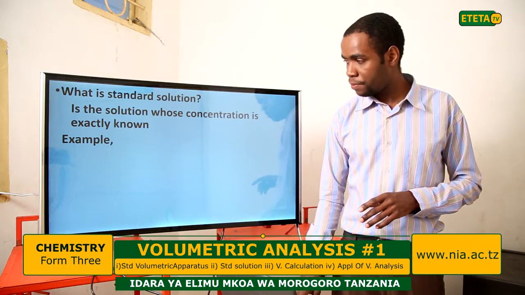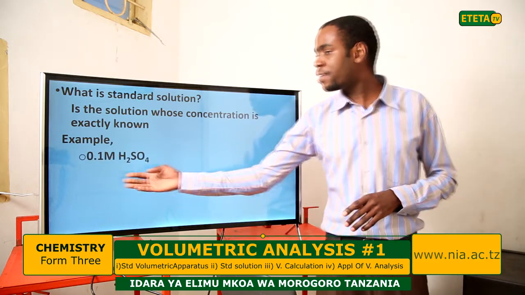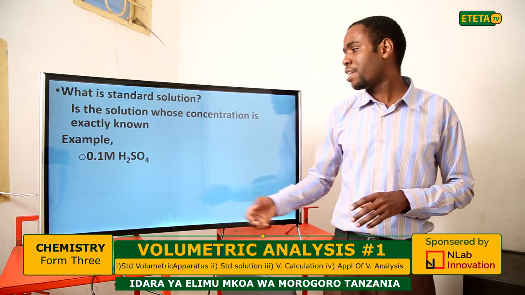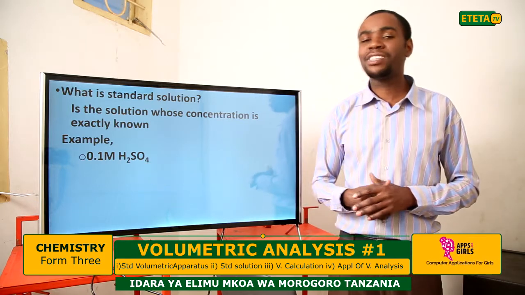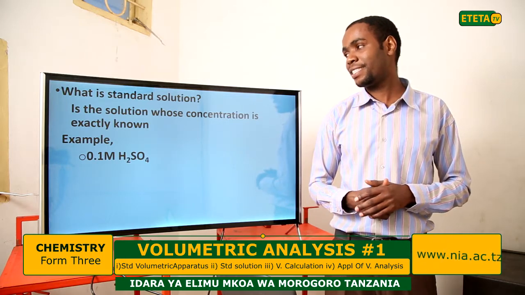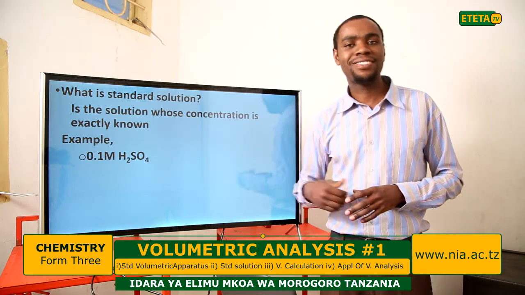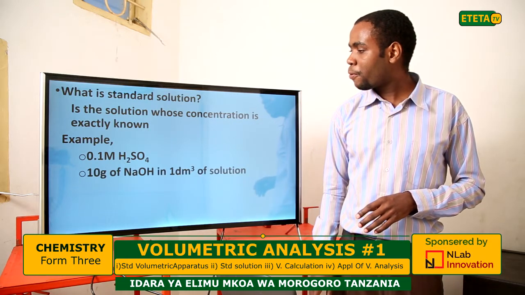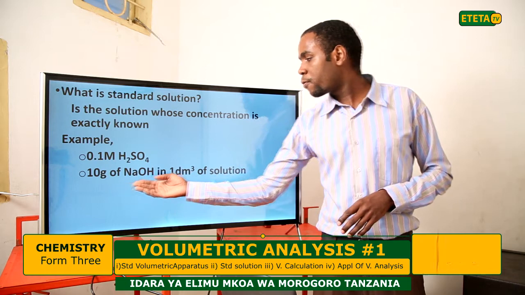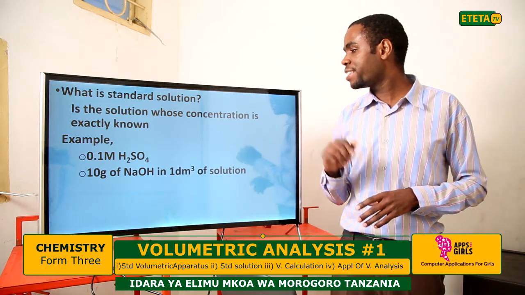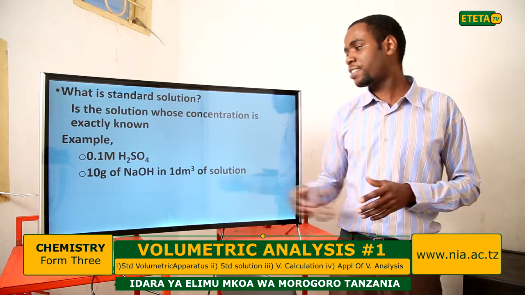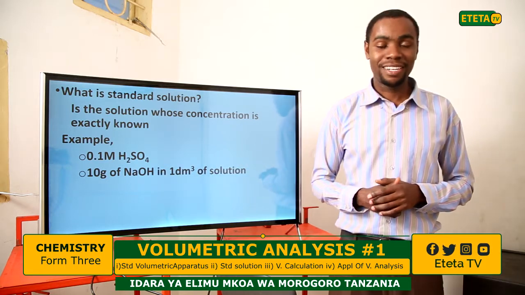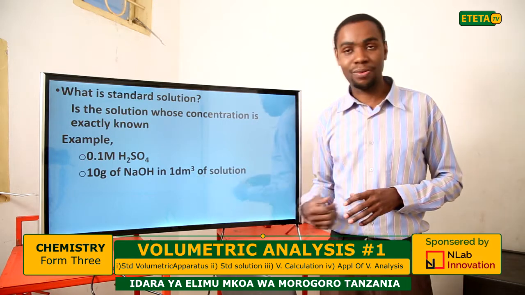For example, when we say 0.1 molarity of sulfuric acid, because the concentration of sulfuric acid is known as 0.1 molarity, this is a standard solution. Another example, when we say 10 grams of sodium hydroxide in 1 decimeter cube, this is a mass concentration. So the concentration of sodium hydroxide here is known. Now this is a standard solution.